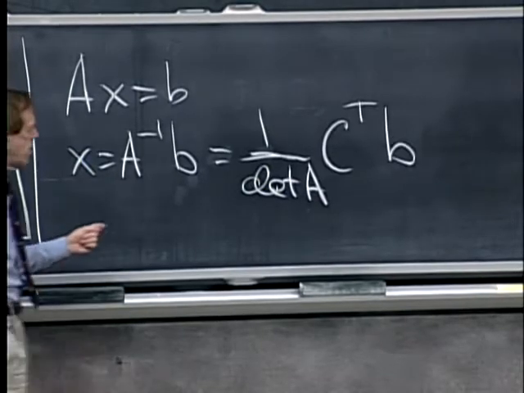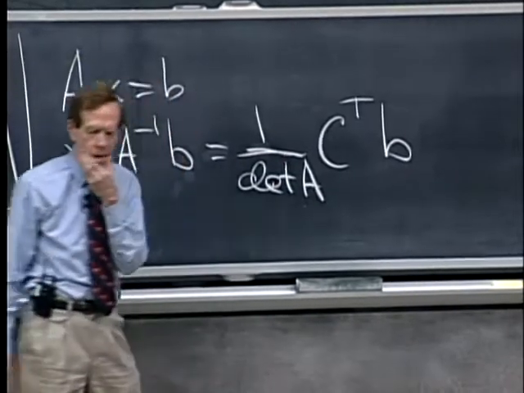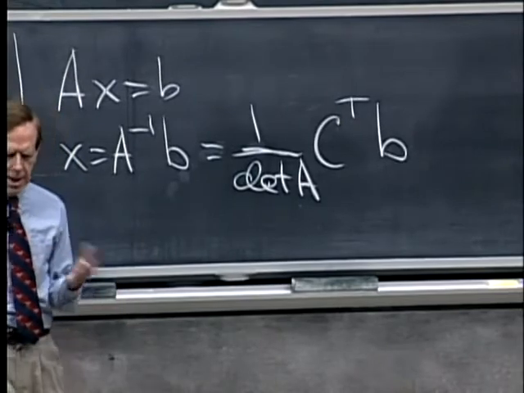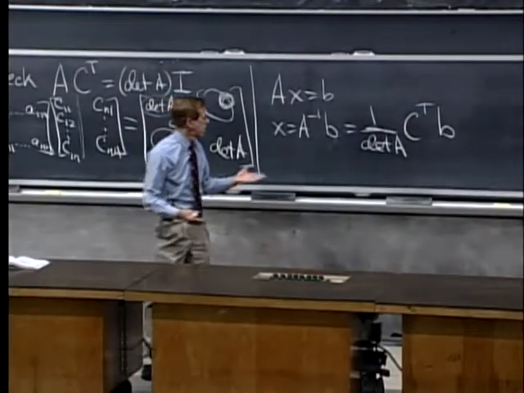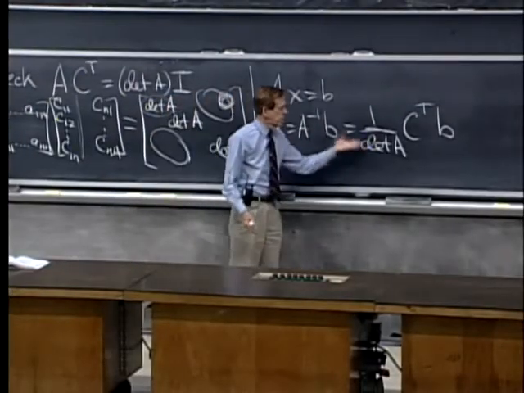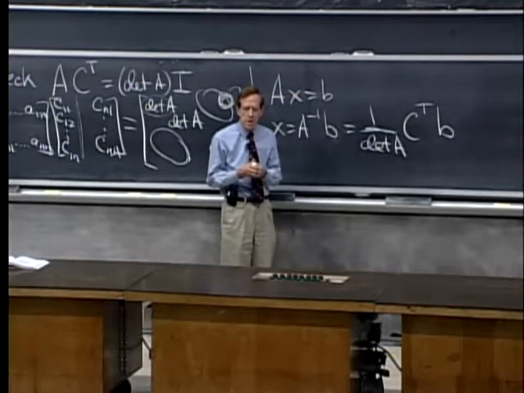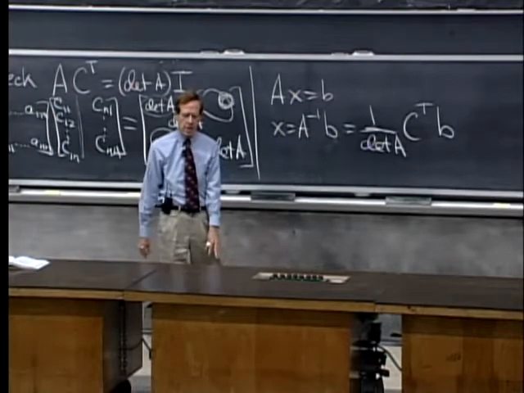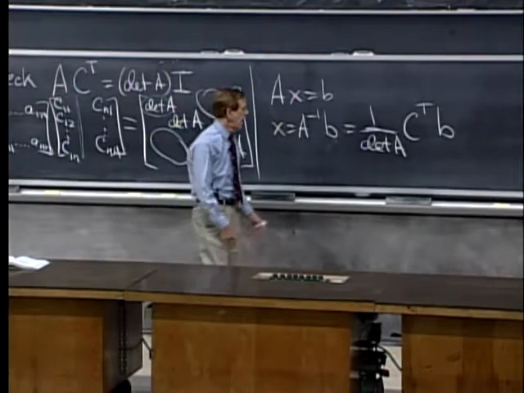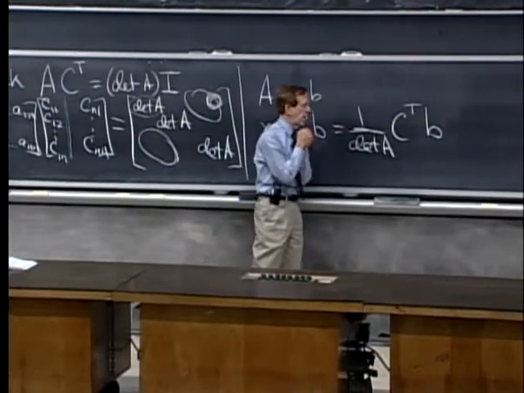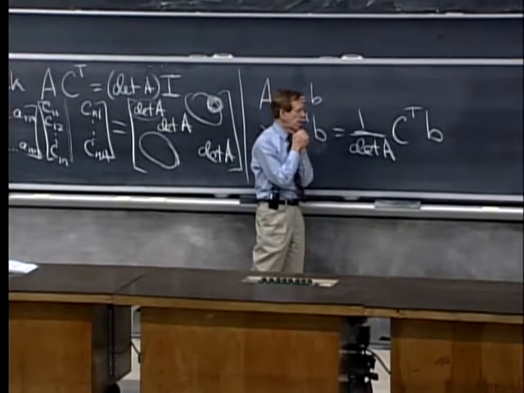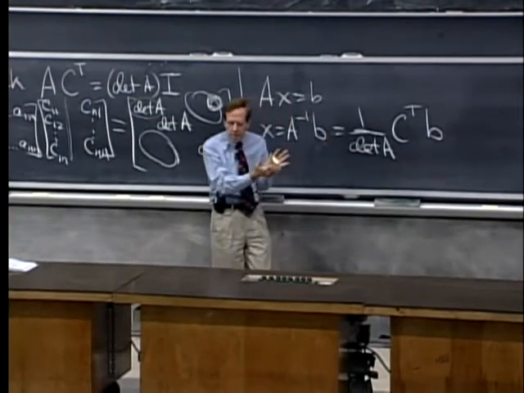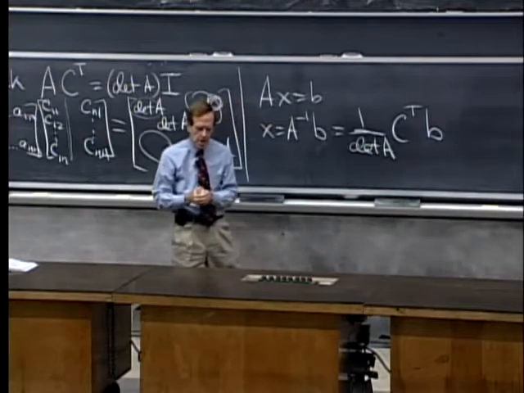So now I just have to say, what have I got here? Is there any way to make this formula, this answer, which is the one and only answer, it's the very same answer we got on the first day of the class by elimination? Now I've got a formula for the answer. Can I play with it further to see what's going on?